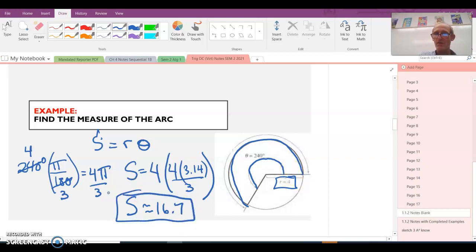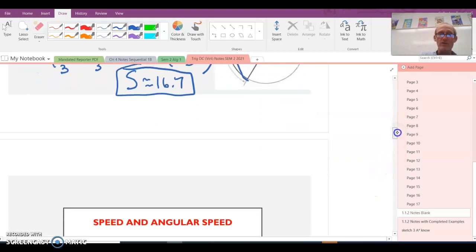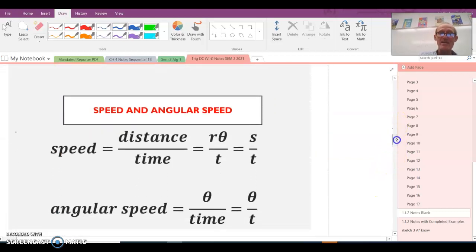Okay? All right. Now, what if we wanted to find the speed and the angular speed? The angular speed is different than the speed. Remember, if something is spinning around like a windmill or something like that, it's going to be carving out an angle. So this thing's going to be moving around.